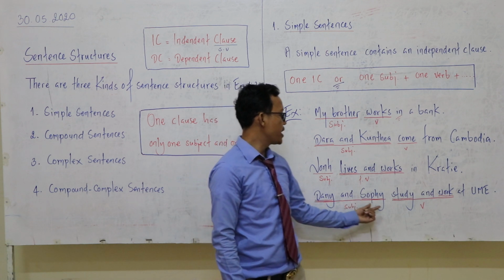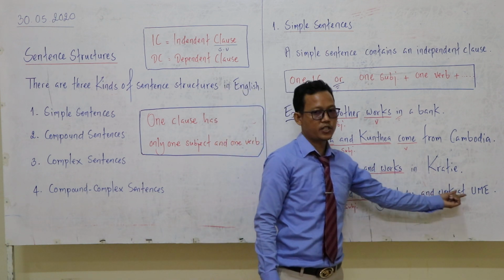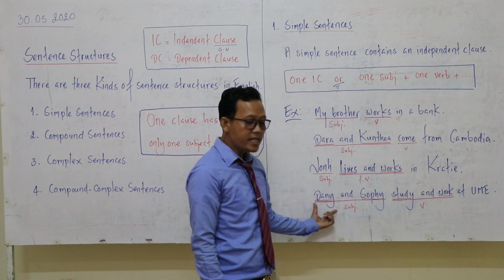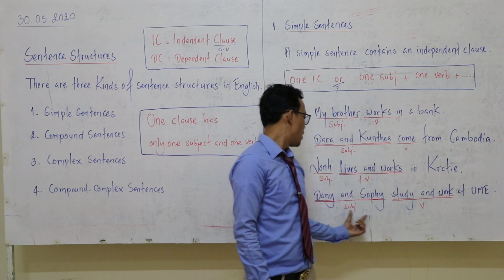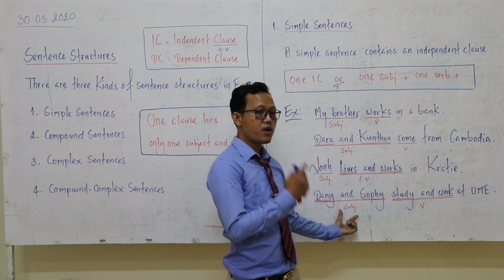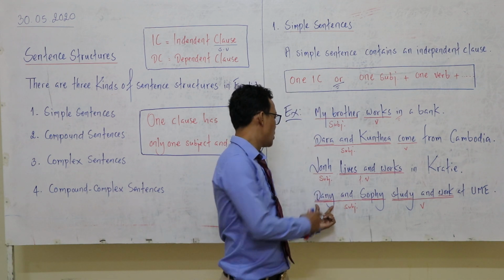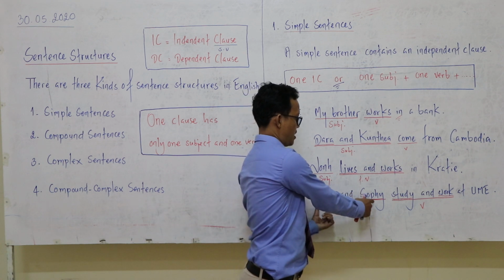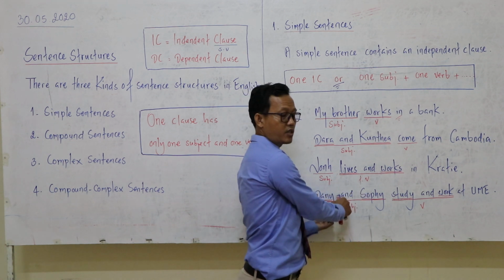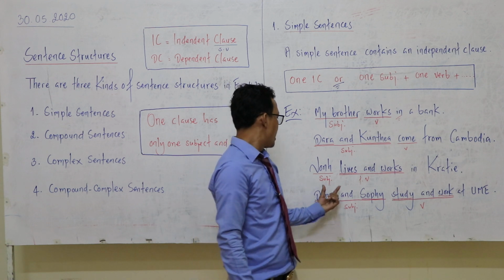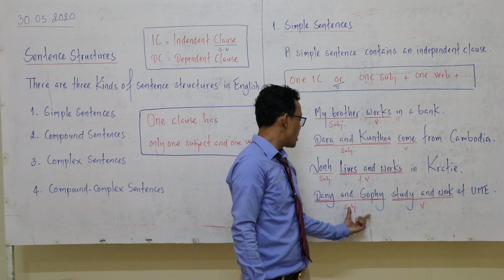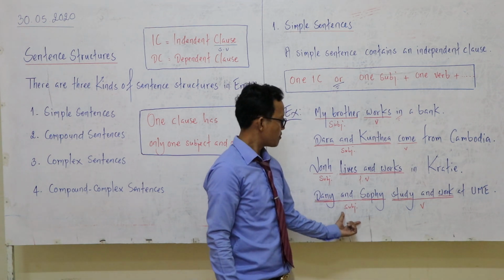Danny and Sophie study and work at uni. Danny and Sophie, one subject, but a compound subject, because one and another one join with the conjunction and. So the compound subject here stands as one subject.